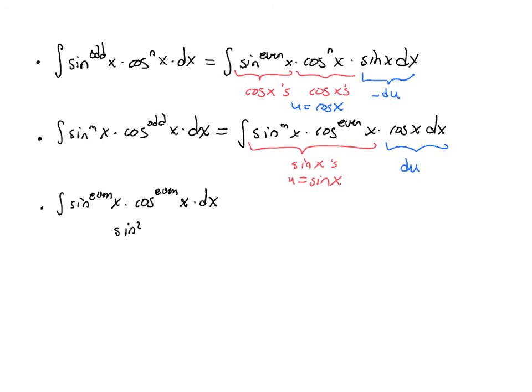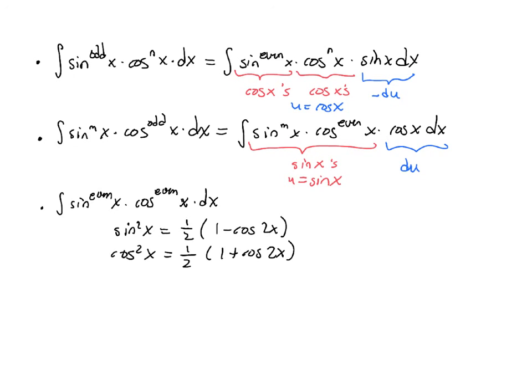So sine squared x can be written as 1/2 (1 minus cos 2x). Cosine squared x can be written as 1/2 (1 plus cosine 2x). And then you're going to simplify and apply one of the previous techniques.